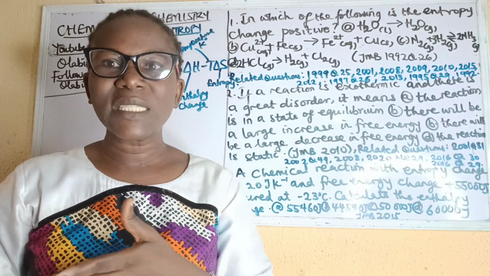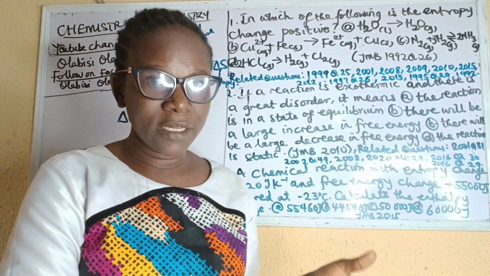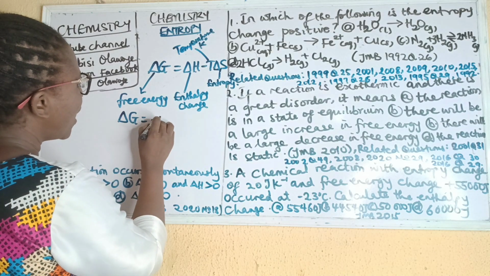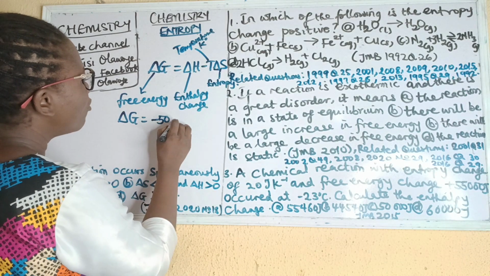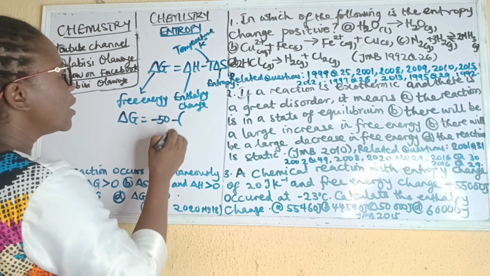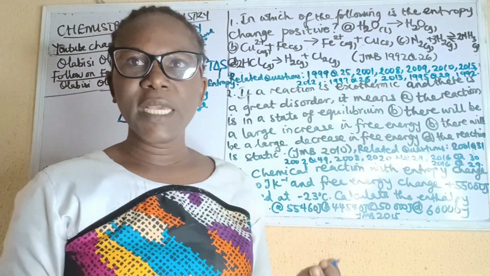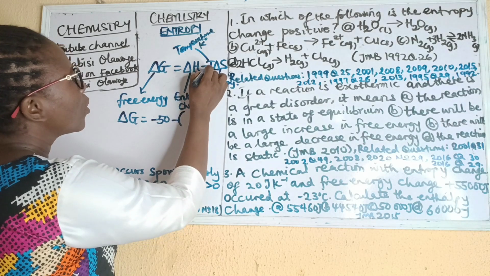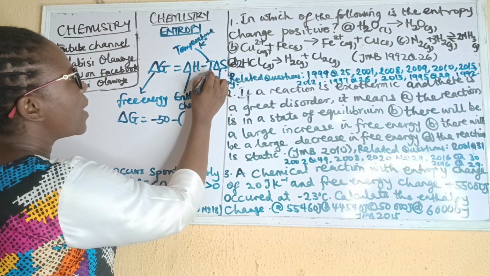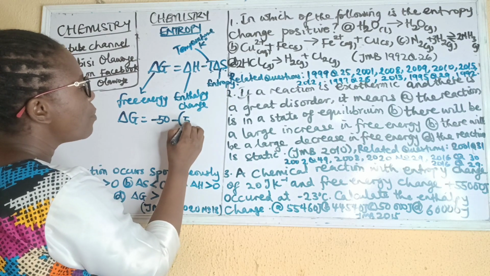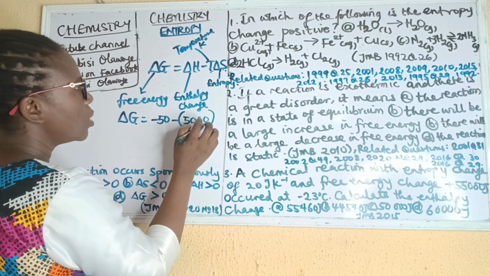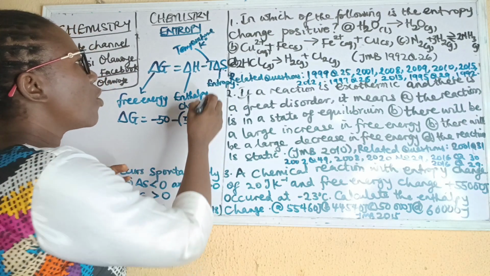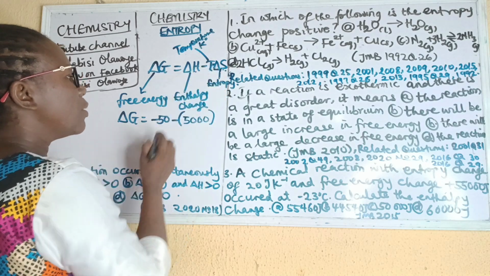If ΔH is negative, which involves an exothermic reaction, like minus 50, and the temperature here is like 10 plus 273, by multiplying the temperature in Kelvin and the entropy change, we were able to get 5,000 here, because between T and ΔS there is a multiplication.